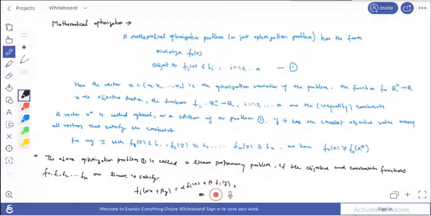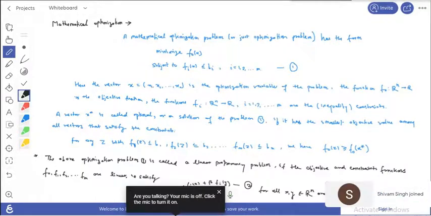This is, suppose, equation number 2, and it holds for all x, y that belong to Rn, where alpha and beta are scalars, any real numbers. This is the condition for the linear programming problem.